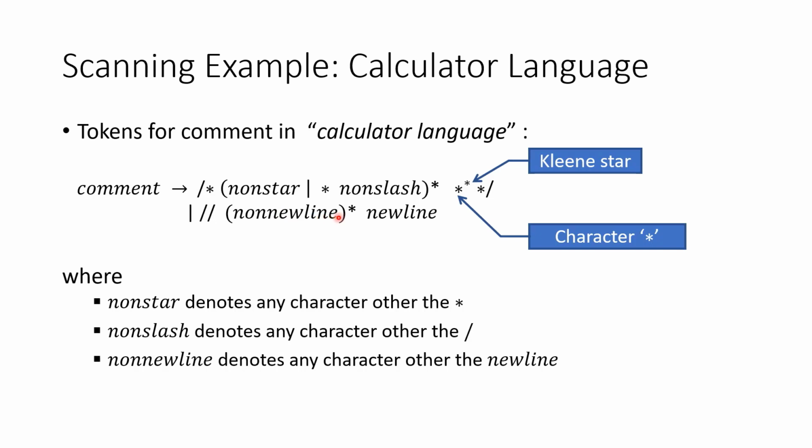Right? And so, for example, here this asterisk is also the Kleene star or Kleene closure, and this asterisk up here is also a Kleene star or Kleene closure. But the asterisk in the same line as other normal characters is the character itself.